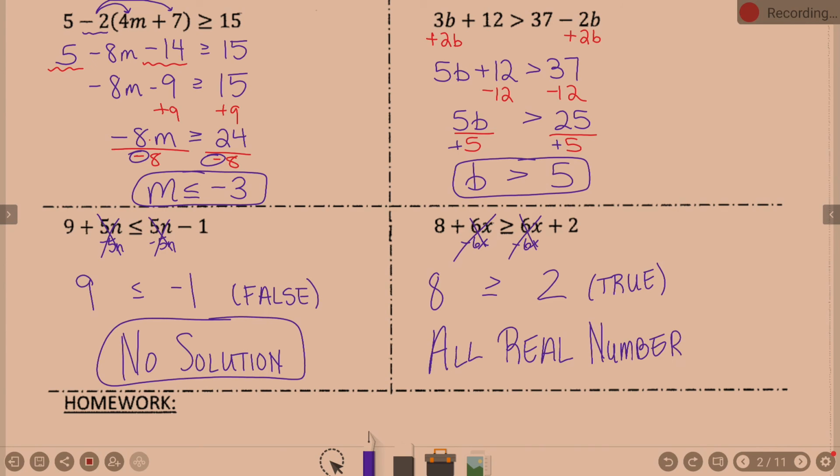We more talked about identity, I think, in the last one. Okay, so when the variables cancel out and it's a false statement, no solution. When the variables cancel out and it's a true statement, all real numbers.